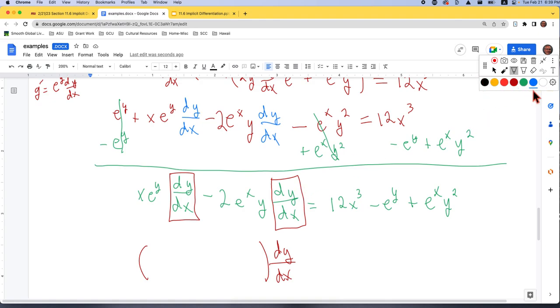Switch colors. What's our last step? Divide, because we just divide by that whole thing.